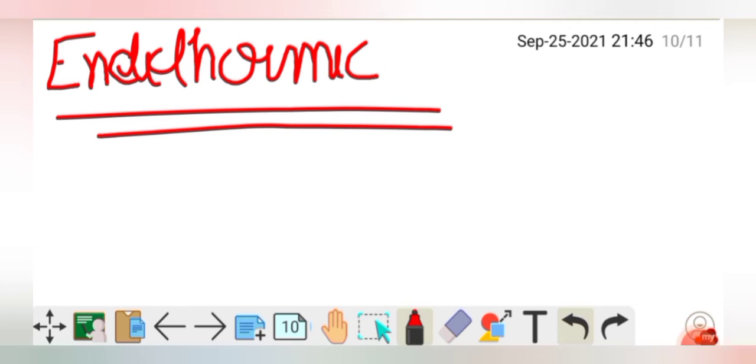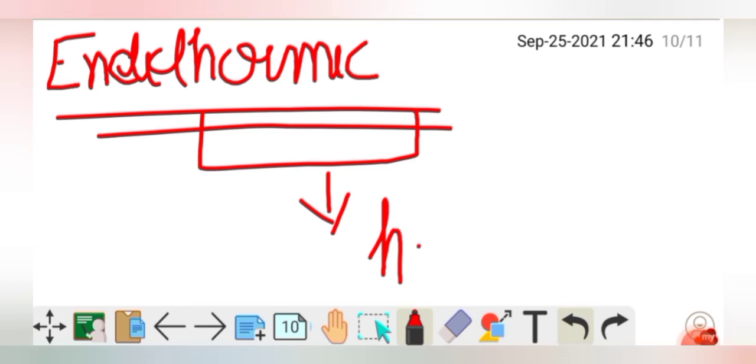Endothermic reaction. Okay, the reactions which occur by the absorption of heat or energy are called endothermic reactions. In endothermic, here also it is thermic, it means heat. Involvement of heat is also taking place here.